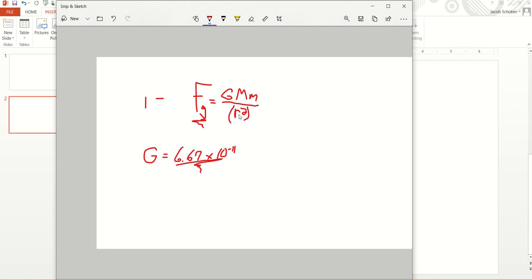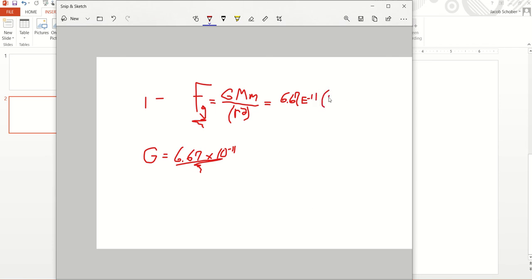So let's say we solve this for my mass, roughly. I'm just going to do that because I kind of know the numbers off the top of my head. But let's say, what is the force of gravitational attraction between Mr. Schober and the Earth? You would plug this in like so. Let's say 6.67 to the negative 11th power times the mass of the Earth.